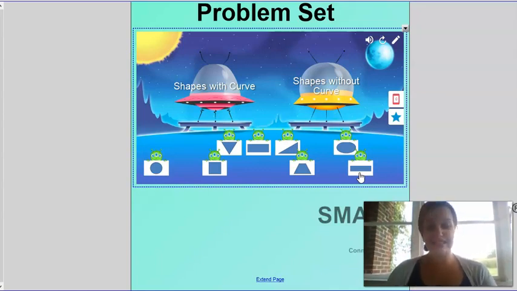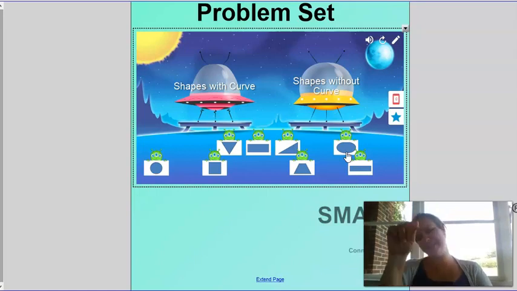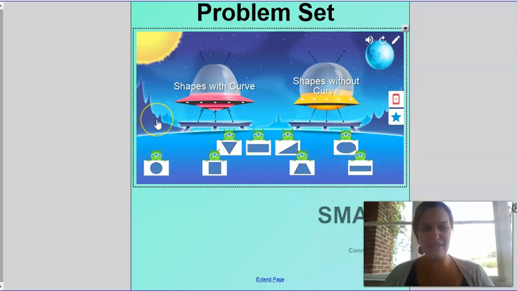No. Does it have curved lines? Yes. Okay, moving on over to our next shape. Does the shape have straight lines? Yes, it does. Very good. Okay, and our last one. Does this shape have curved lines? No, it has straight lines.